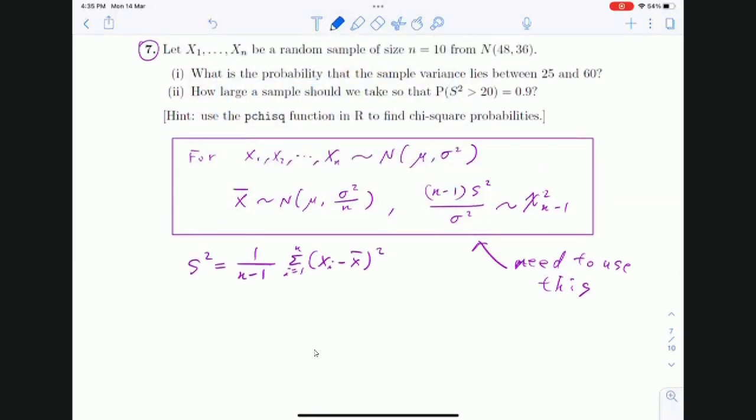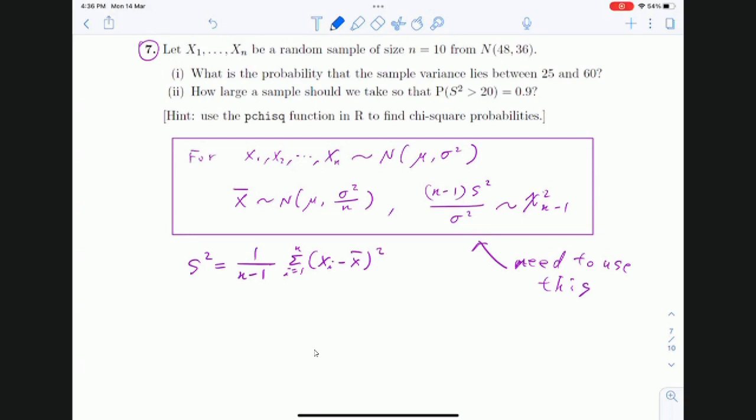Okay, actually I didn't expect you can get the exact answer at the moment because it requires to use a function in R. But at least you need to know how to get this number and where we should start. Now this is a problem about a random sample from the normal distribution.